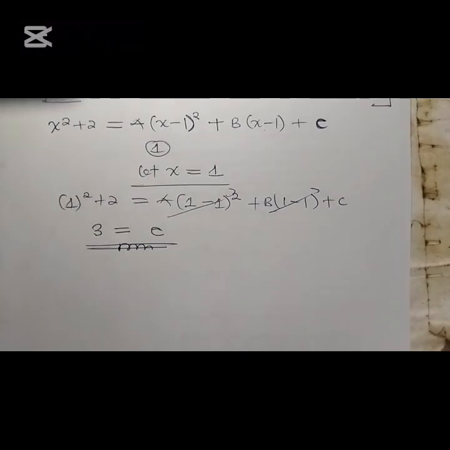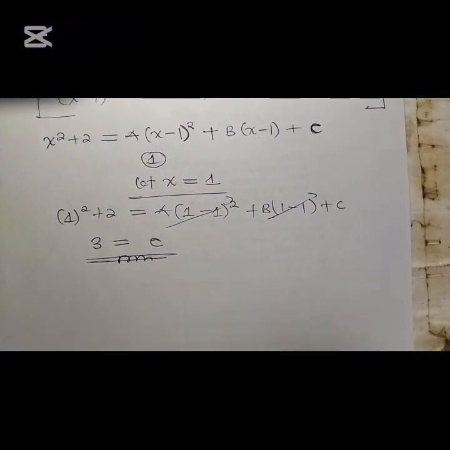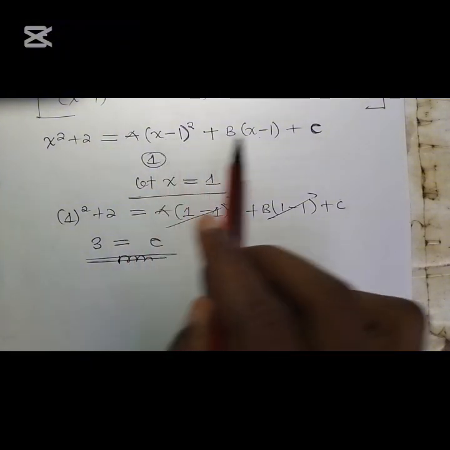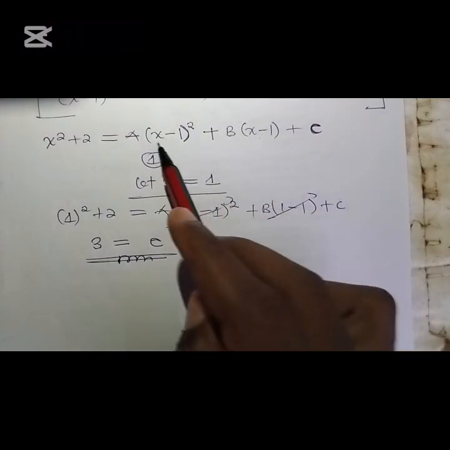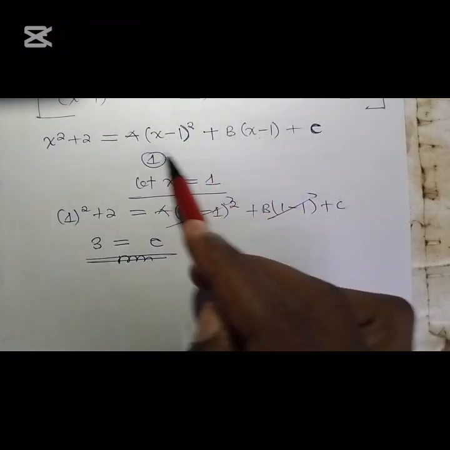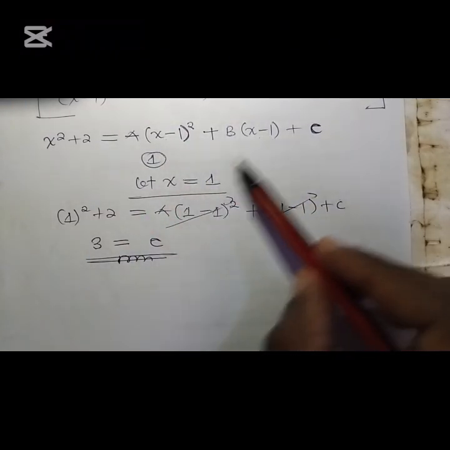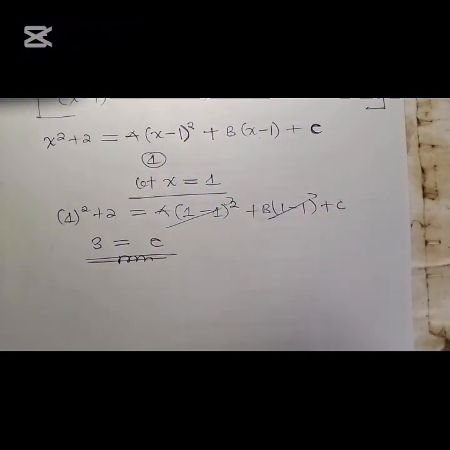So if c is 3, then to solve for b and a, to be very much easy, since we have the same thing here, we can't let x be that again.